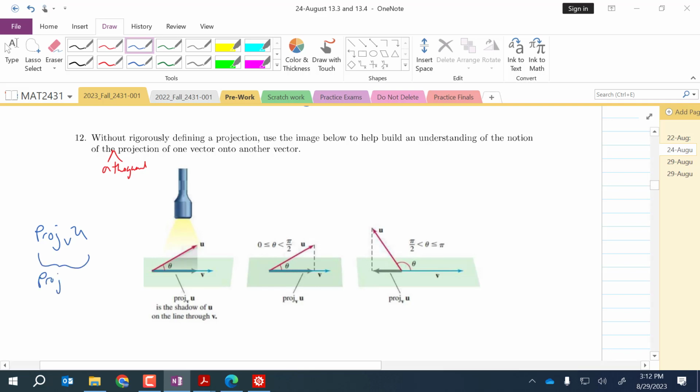It's the projection, and technically it's the orthogonal projection of vector u onto vector v. Okay, let's read that all together. The projection of vector u onto vector v.